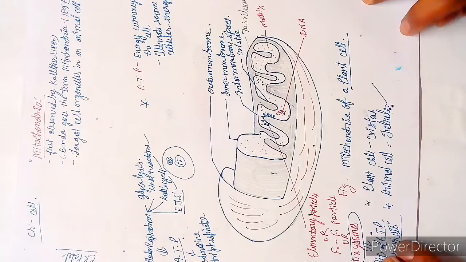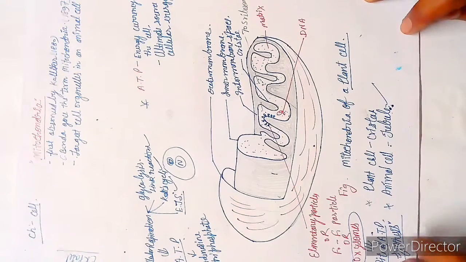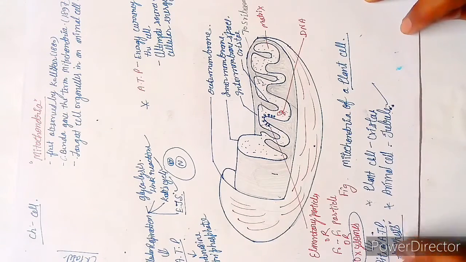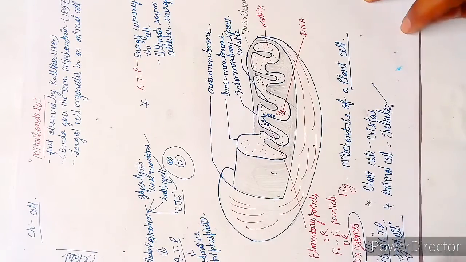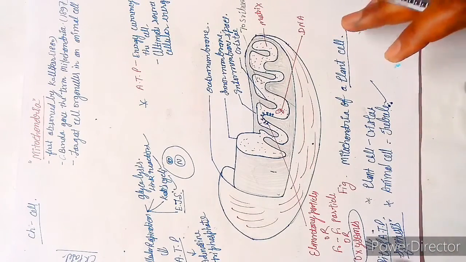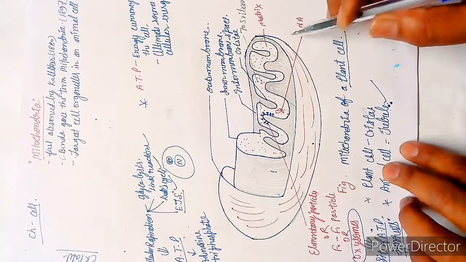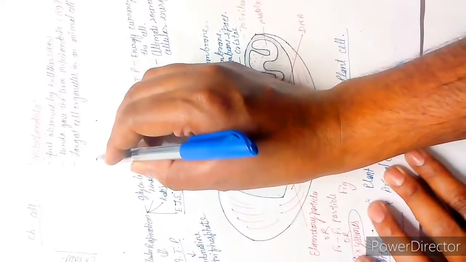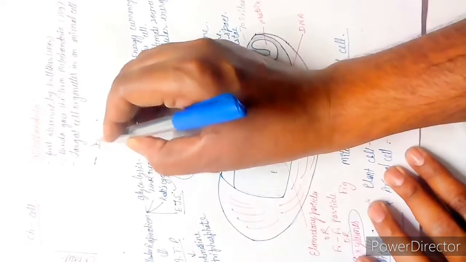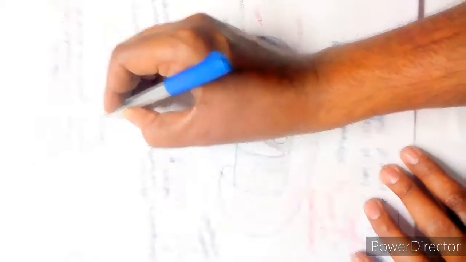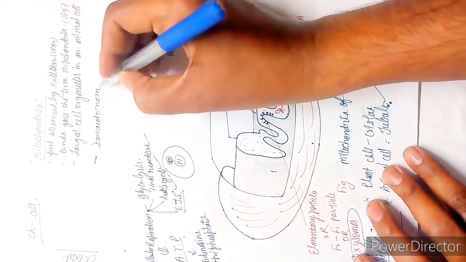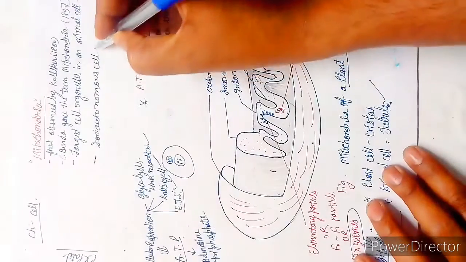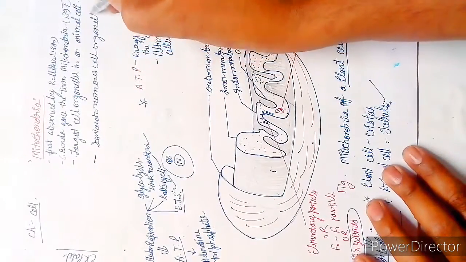What is the function of oxysome? This is a very important question to know. Site of ATP synthesis. Okay, and as I told you all, mitochondria also has its own DNA, so it is also called a semi-autonomous cell organelle.